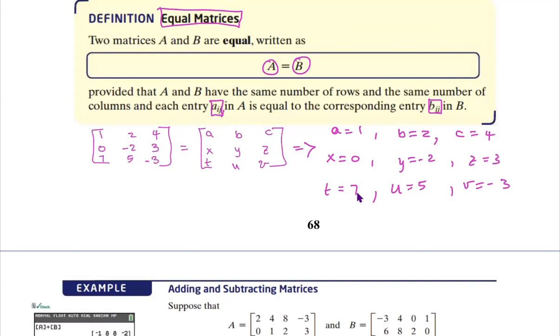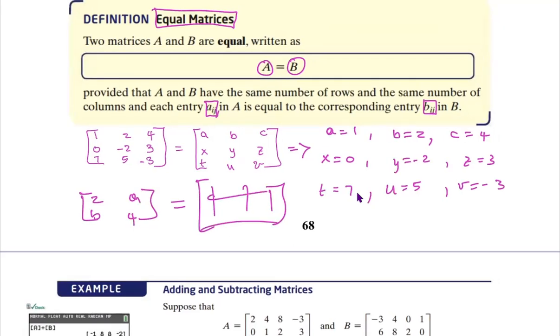So you cannot have two matrices with different dimensions. Dimension means the number of rows and the number of columns. So if I have a 2 by 2 matrix with A, B, and 4, that cannot be equal to a matrix that has more columns or more rows than this one.